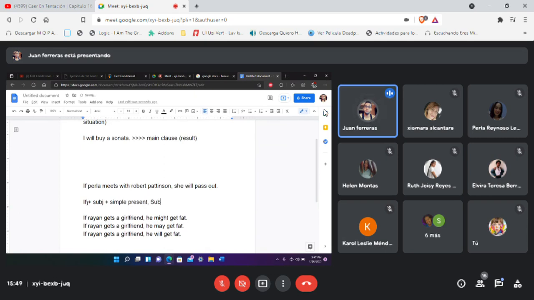For the main clause, I have the subject plus will, may, or might, plus, right? The verb in base form. And that's it, guys. This is the structure. If Ryan gets a girlfriend, he might get fat.